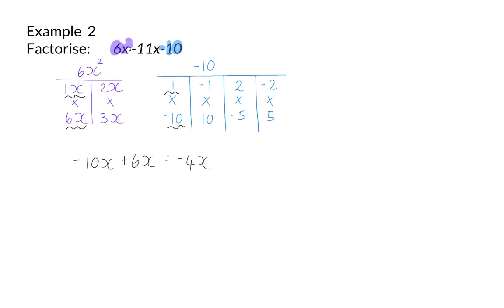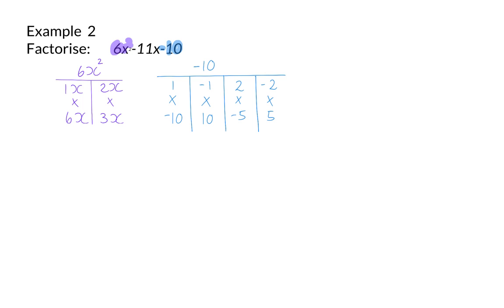So this is the wrong option. Another option of pairs can be 2x times minus 10 to give us minus 20x, along with 3x times 1, which is plus 3x. This will add up to minus 17x, which is still not our middle term.